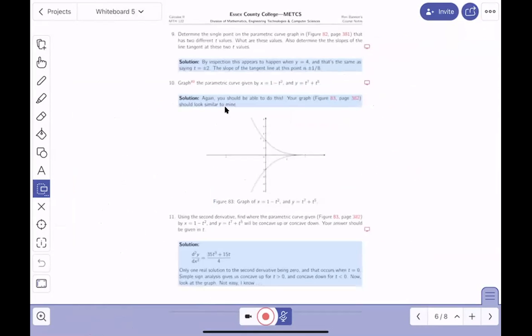And it says determine the single point on the graph of that parametric curve that has two different t values, and determine the slope of a tangent line at those two different t values. All right, let's see if we can do that.